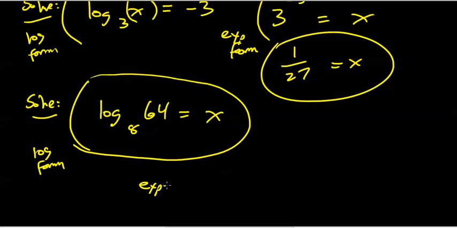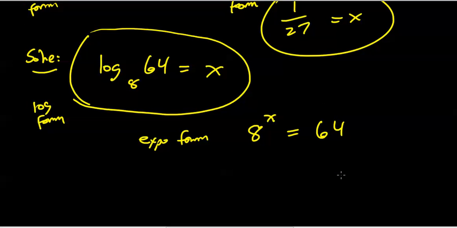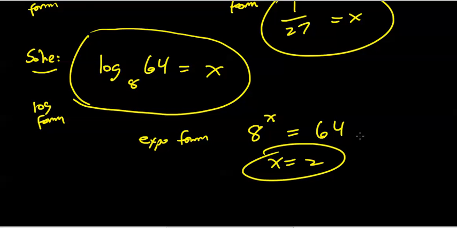Hence, in exponential form, I can rewrite this equation: 8 to the x power equals 64. I'm sure by inspection you recognize that 64 is 8 squared. So x equals positive 2 is the solution to that equation.